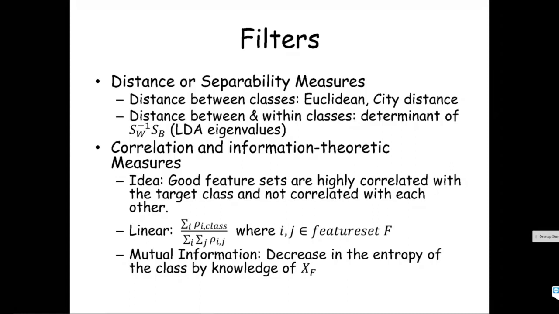So we did that in decision tree as well. Entropy was one such metric, right? Another approach is using the within class and between class scatters, such as the one that we use in linear discriminant analysis. So that would be another metric we can use.